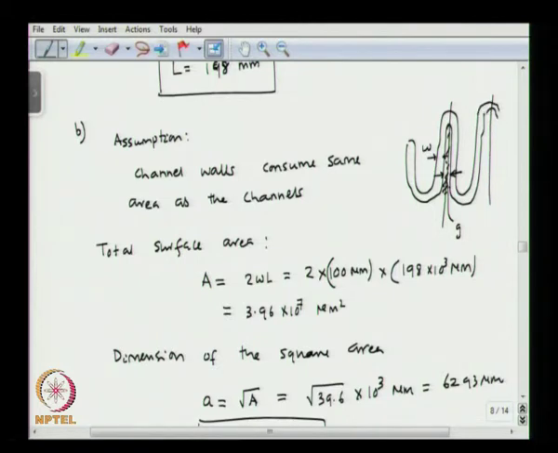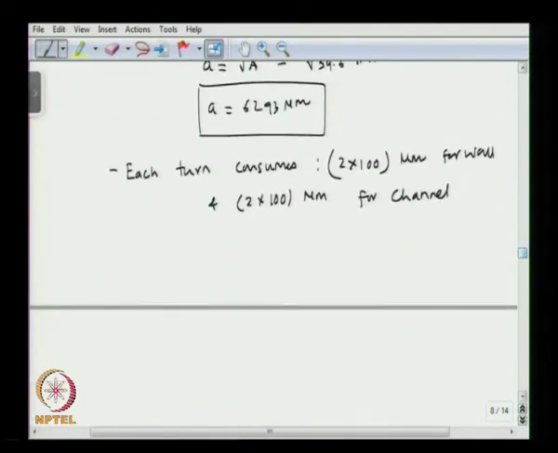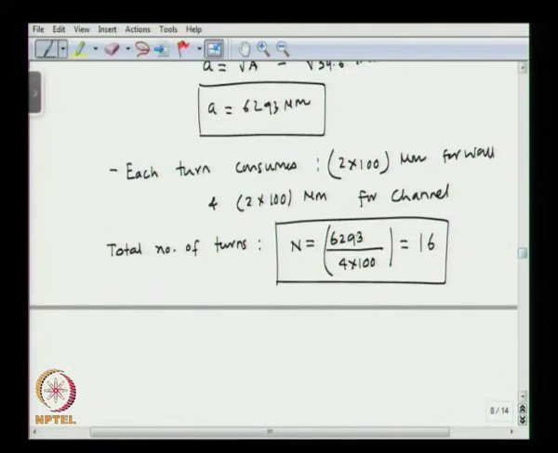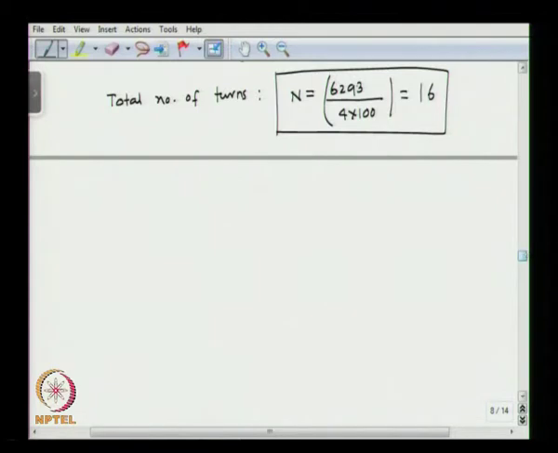So, we will have 2 channels and 2 channel widths, okay. So, this is one channel width here and there. So, there will be 4 channel widths. So, you can find total number of turns. N will be the total size 6293 divided by 4 into 100 micron, that will be 16 turns. So, you would require 16 turns to accommodate the serpentine feature on the square area, okay.